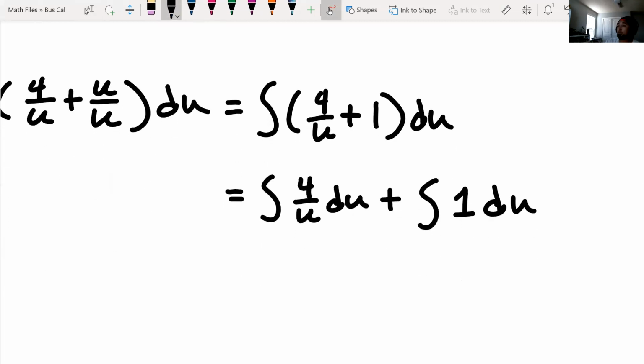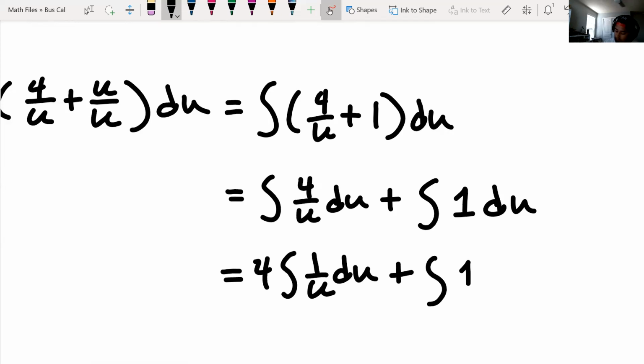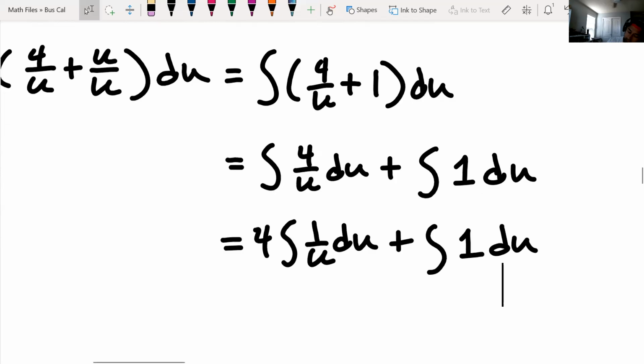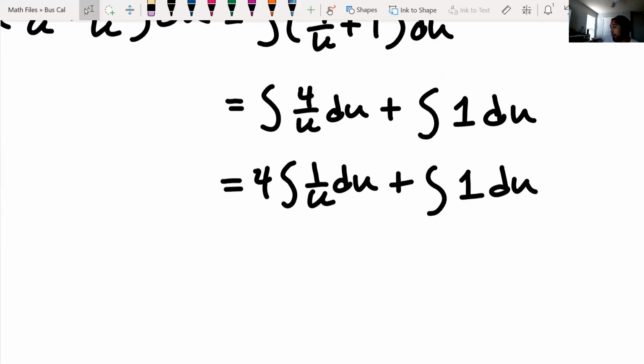Okay, one more step before we continue. I'm going to pull that 4 out, and you'll get 4 times the integral of 1 over u du plus the integral of 1 du. Now we will use the properties on the first page.